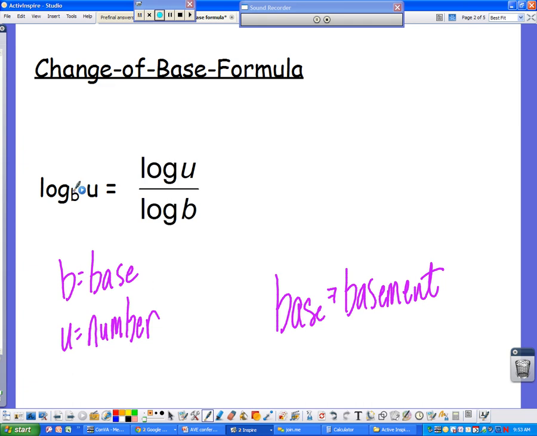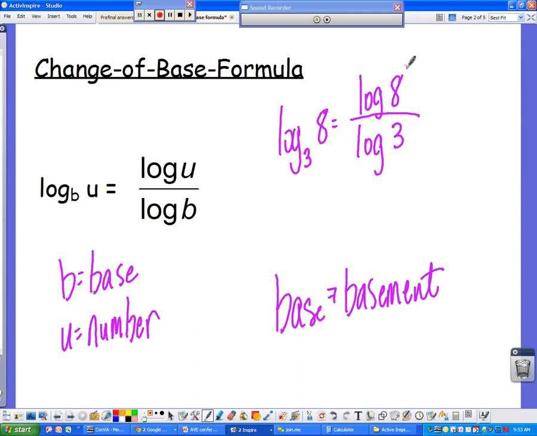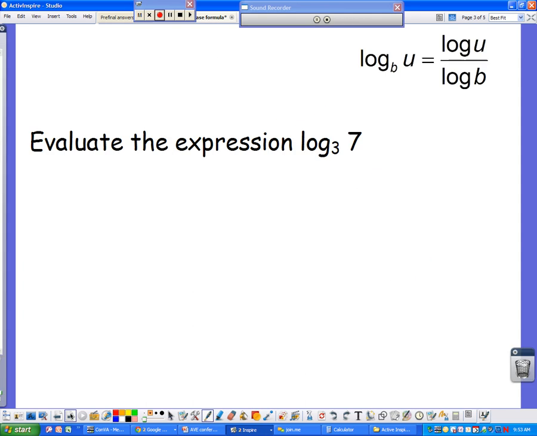So it's going to be log b, whatever our base is, on the bottom, and then the actual number goes in the top. Okay? So in other words, if I wanted to calculate log base 3 of 8, remember, the base is 3, so we're going to turn it to log of 3. And on top, we're going to do the number, which is log of 8.